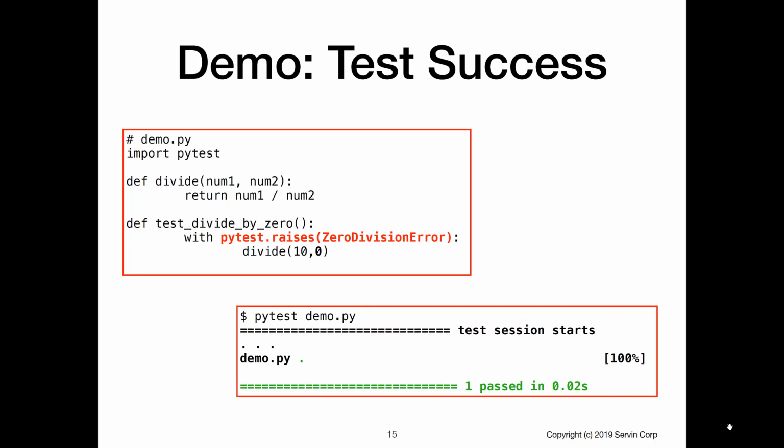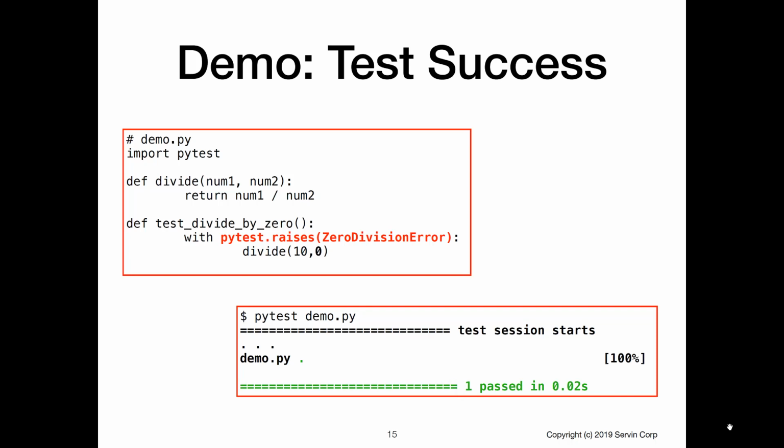When I run this, I say pytest.raises, and I get the zero division error because I'm doing a divide by zero. So I'm expecting that to be raised, and since it's raised, everything's good, and I pass the test.